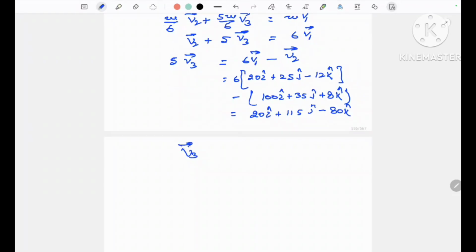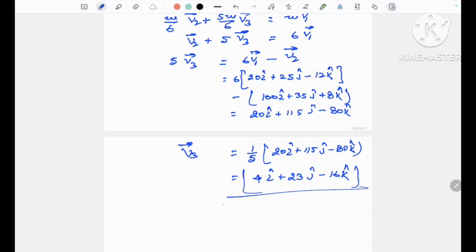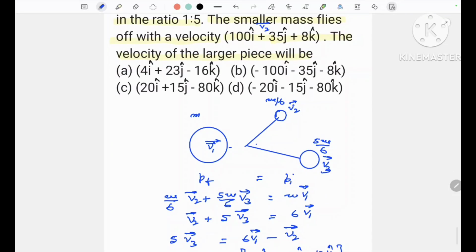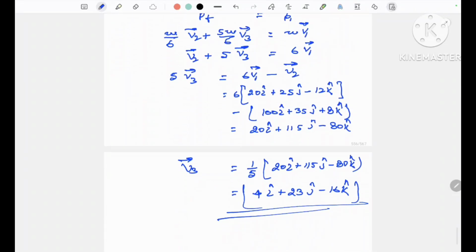Or v3 will be 1/5 of (20 i cap plus 115 j cap minus 80 k cap), which is 4 i cap plus 23 j cap minus 16 k cap. So the velocity of the larger piece will be 4 i cap plus 23 j cap minus 16 k cap. This A is correct option.